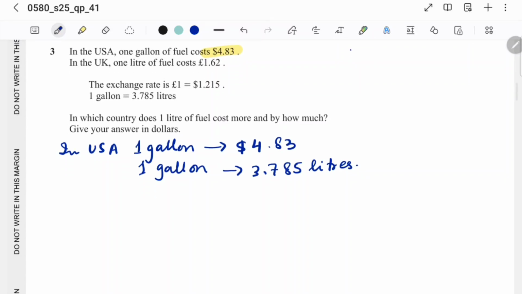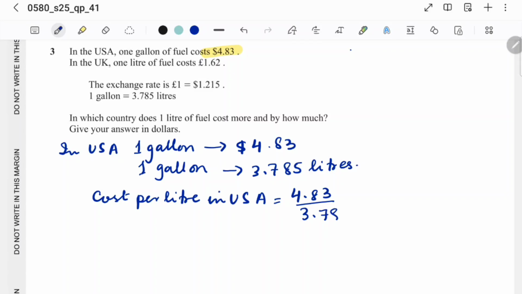So this is the cost per liter in the USA. We are going to find out the cost for 1 liter in dollars. So cost per liter in the USA is equal to 4.83 divided by 3.785, so that is $1.276. So we have found the cost per liter in the USA.